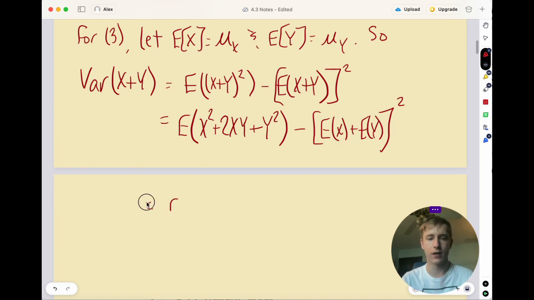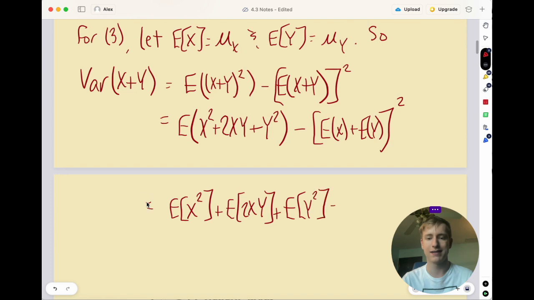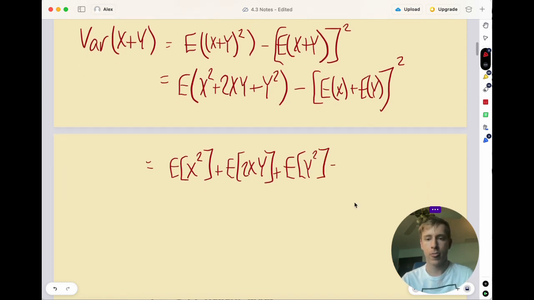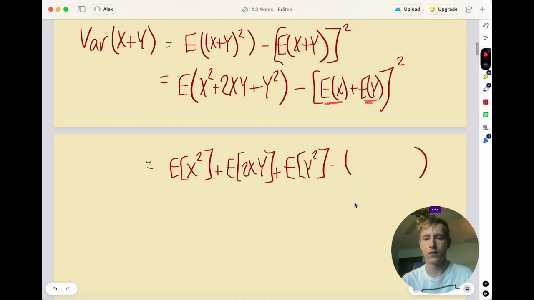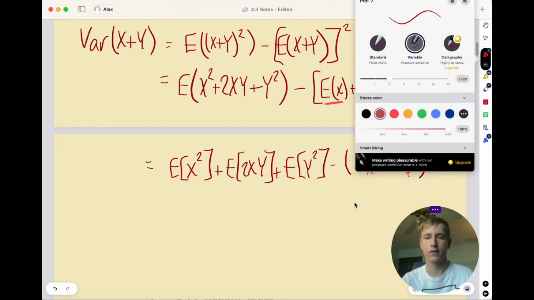Okay, so this is going to be the expectation of x squared plus the expectation value of 2xy plus the expectation value of y squared minus, well, just put it in parentheses, mu sub x plus mu sub y squared.